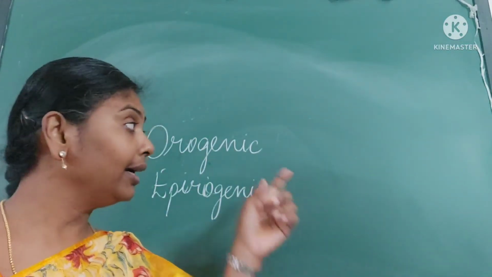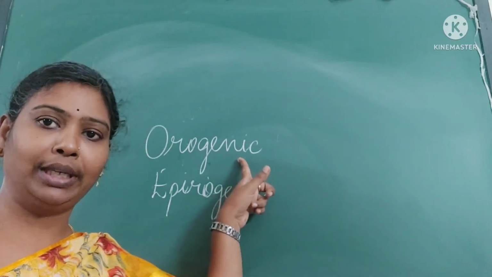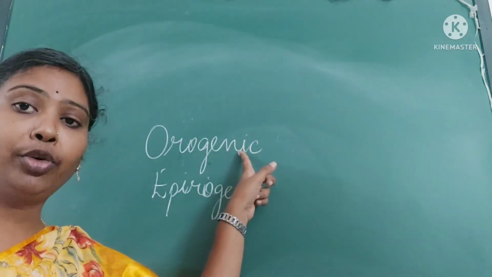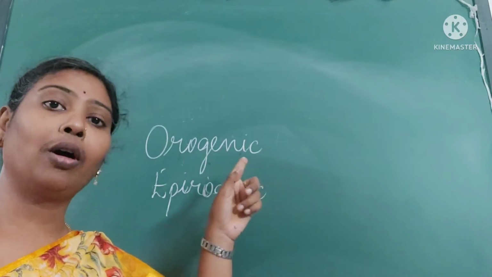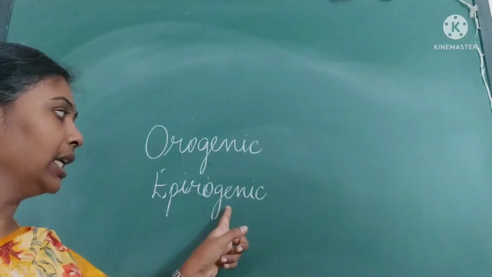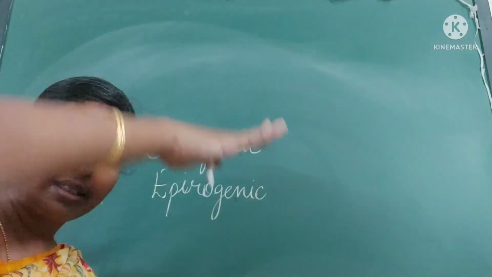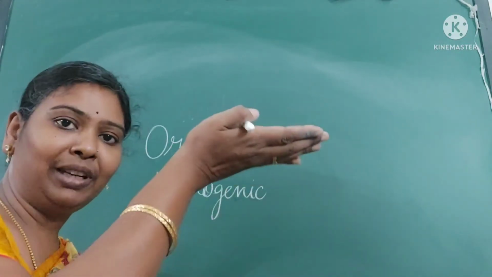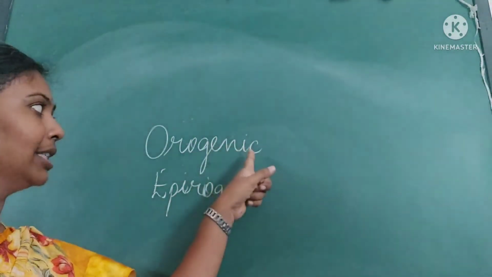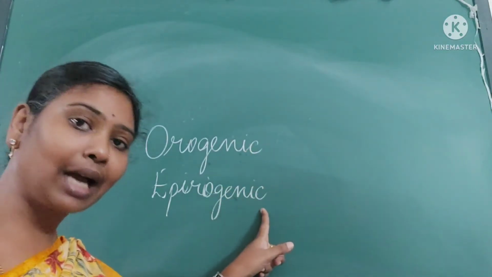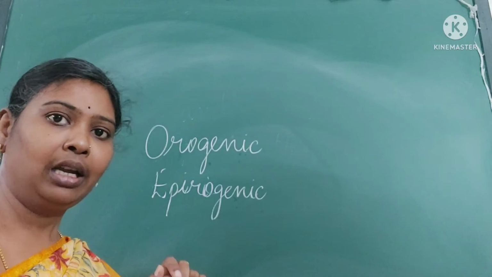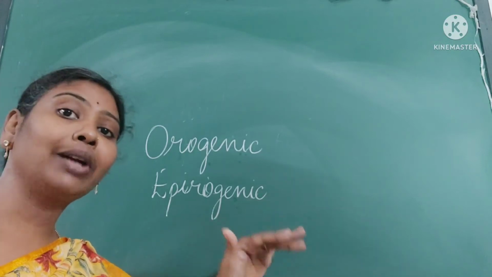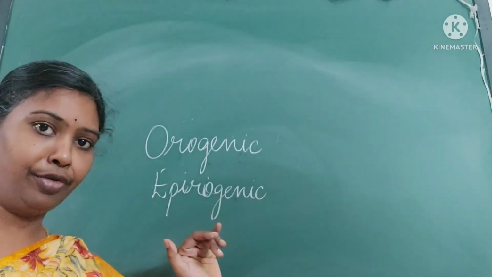Both are landform building movements, but orogenic movements are compressional or tensional forces, and epirogenic movements are formed by subsidence or uplift. So orogenic movements are horizontal movements, epirogenic movements are vertical movements, right?